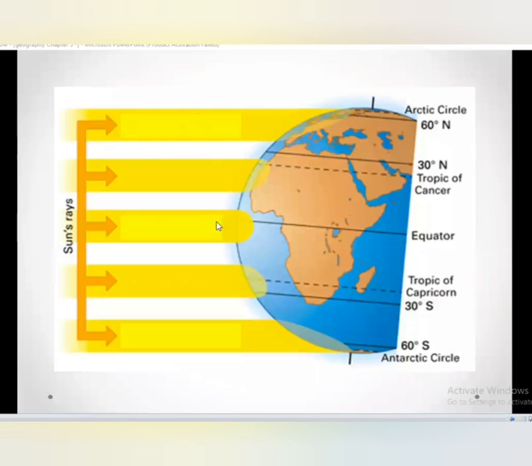The area where exact perpendicular rays fall is the equatorial area.